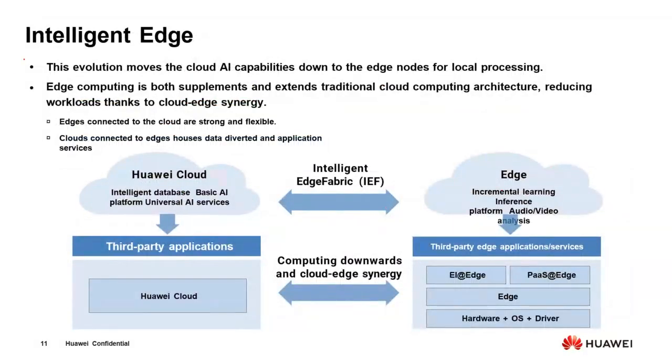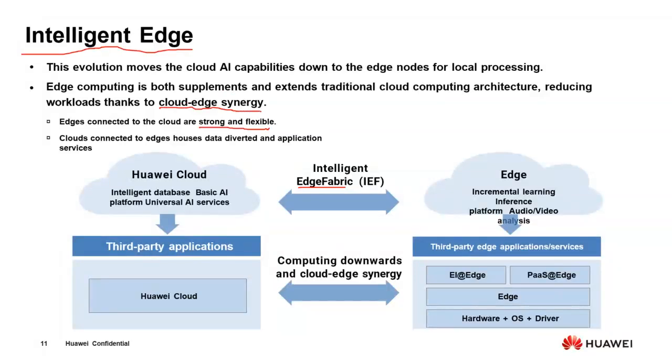So that's how edge computing is. We have what is called intelligent edge. Huawei also tried to buy into this idea. They created their own edge, which is called edge fabric, intelligent edge fabric. Basically they also try to create edges which are connected to the cloud, which are strong and flexible. Of course, any company that is serious, when they look at all these capabilities, needs to buy into all these ideas.